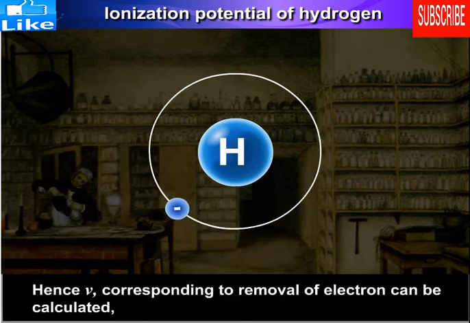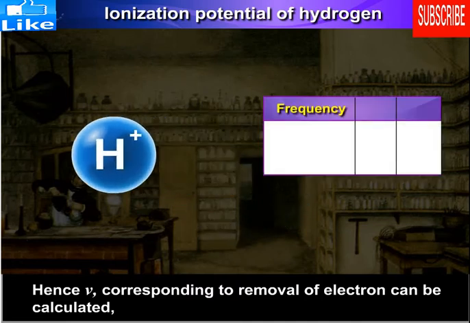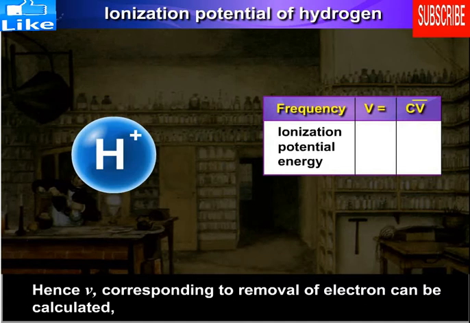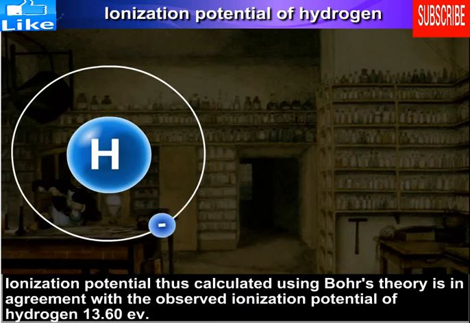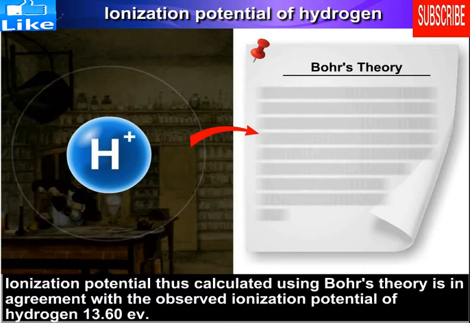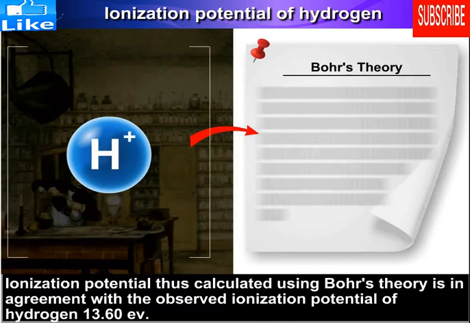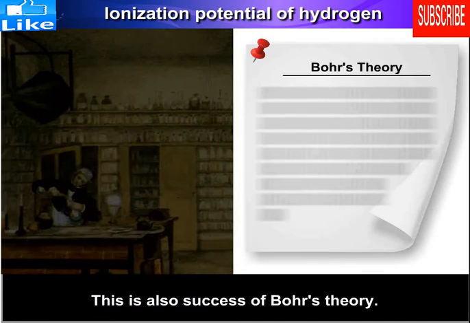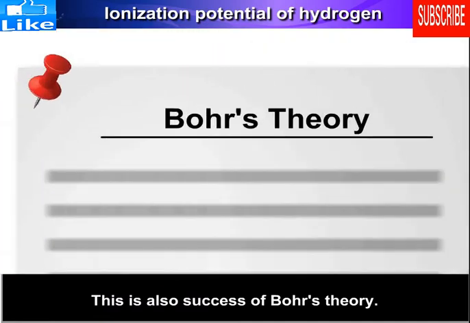Hence, v bar corresponding to removal of the electron can be calculated. Hence, frequency v equals c v bar, and the ionization potential energy E equals hv can be calculated. The ionization potential thus calculated using Bohr's theory is in agreement with the observed ionization potential of hydrogen, 13.60 electron volt. This is also a success of Bohr's theory.